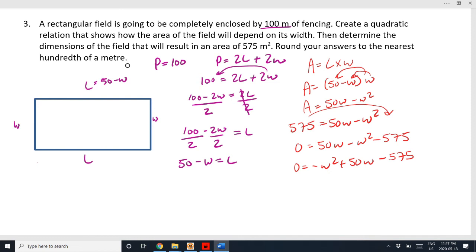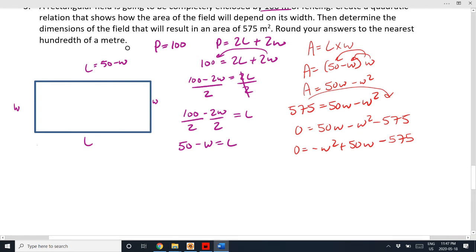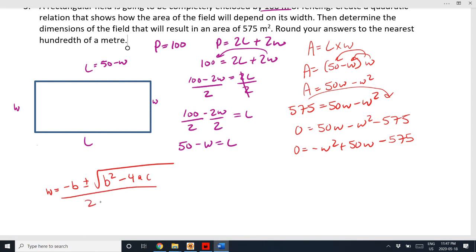And now we have to solve for what W is. We can see we can't factor it, so we can use the quadratic formula to help us do it. In this case, we're solving for our W. So W is equal to negative B plus or minus the square root of B squared minus 4 times A times C all over 2A.